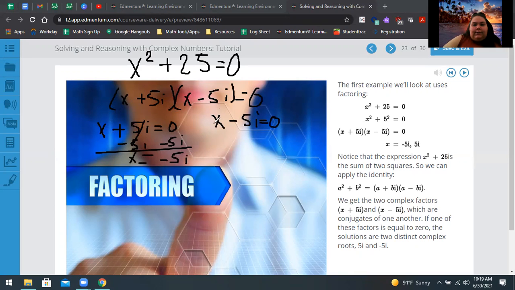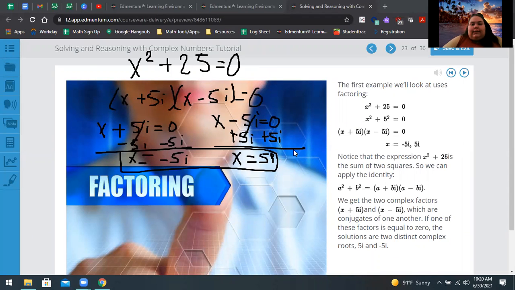Here, to isolate the x, you want to add 5i. So you always want to do the opposite sign of what's happening there. Plus 5i here, x is left alone. This cancels. 0 plus 5i is 5i. So those two are our answers there.